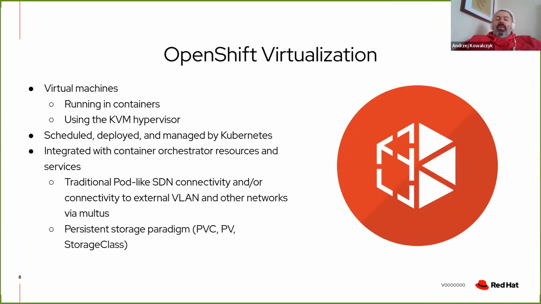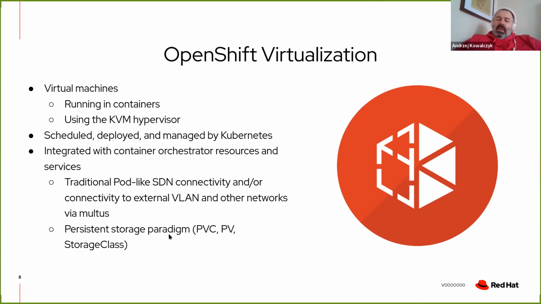So what is Openshift virtualization? This is KVM-based virtualization. It is completely managed, scheduled, and deployed by Kubernetes. There is no hypervisor level, because it is using kernel-based virtualization. Every single VM is running inside a pod. It has a connection to the software-defined network, and of course you can connect externally to VLAN and other networks.